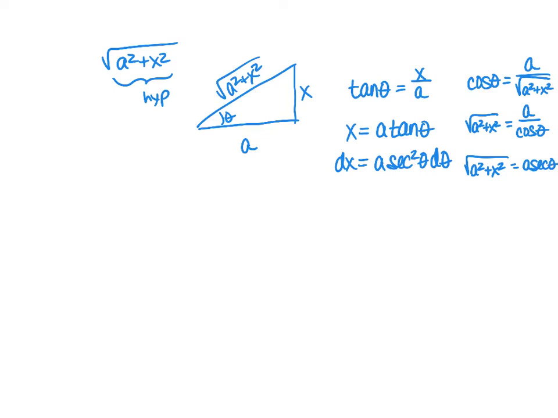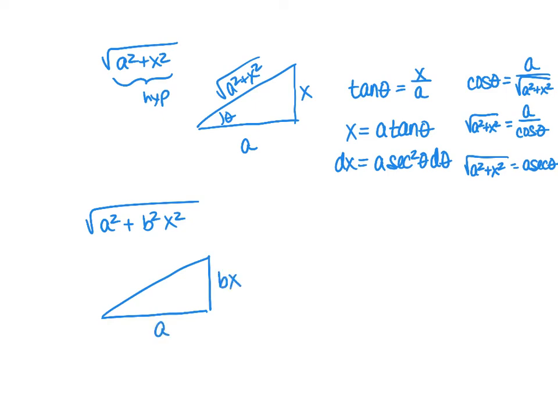All right, and then just to cover our bases, what if the form looks like this? Again, just to show you, just like in the last one, all this changes is that this side will be b times x. And so when we do the tangent of theta, we get bx over a.